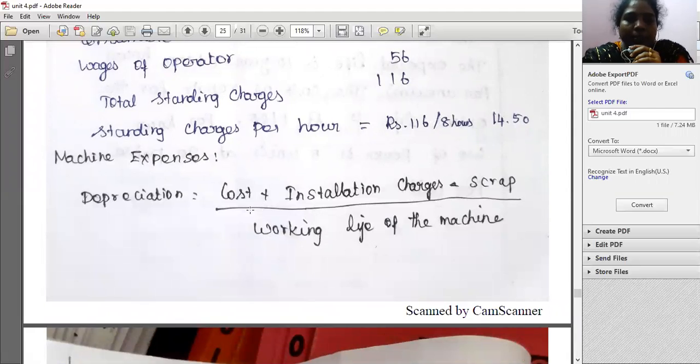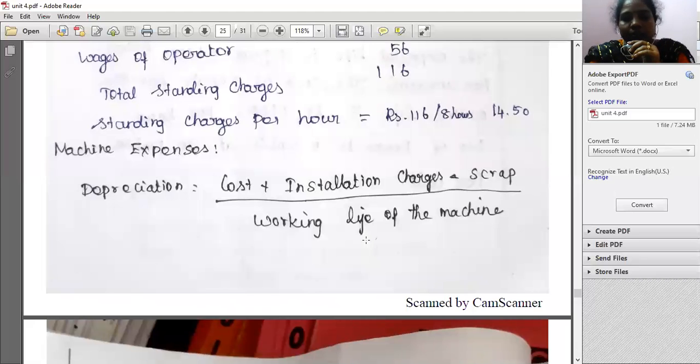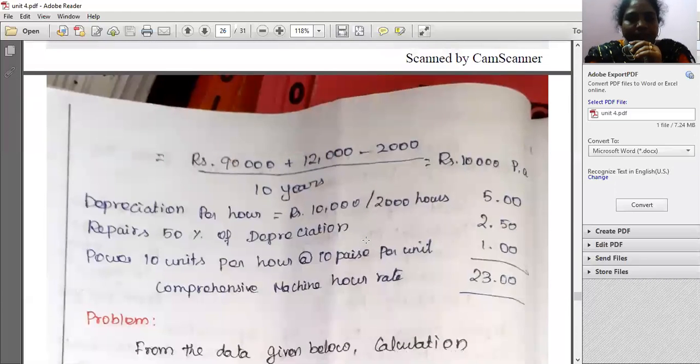The depreciation is found as cost plus installation charges minus scrap, divided by the working life of the machine. This information is given in the problem: 90,000 plus 12,000 minus 2,000, divided by a life of 10 years.